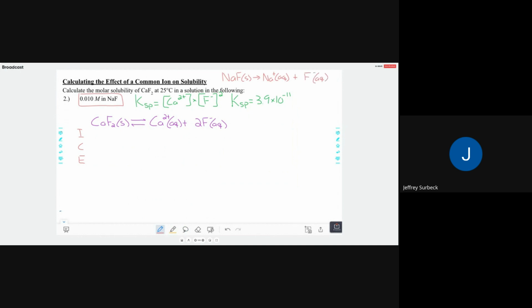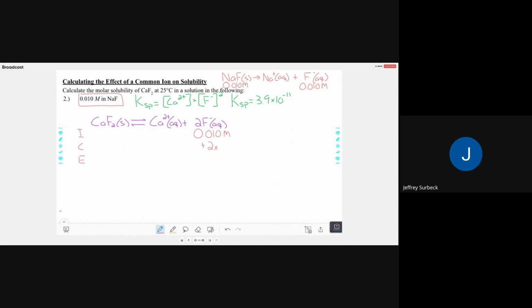If we started out with 0.010 molar sodium fluoride, this is all 1-to-1. Our ion of interest is fluoride, which would be 0.010 molar because they're 1-to-1. So our initial amount for fluoride would be 0.010 molar. Now, remember, we would actually gain plus 2x.